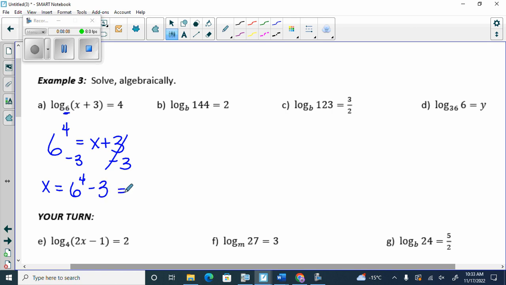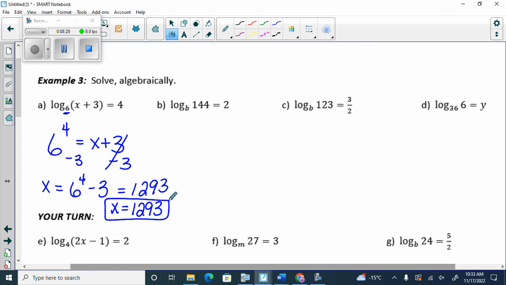Now type that into your calculator. So that's our answer.